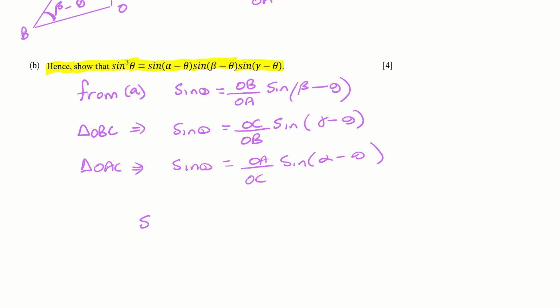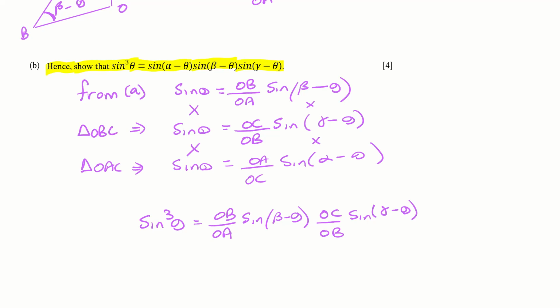So if we do sine cubed theta by doing that one times that one times that one, that's going to be OB over OA sine beta minus theta times OC over OB sine gamma minus theta times OA over OC sine alpha minus theta.